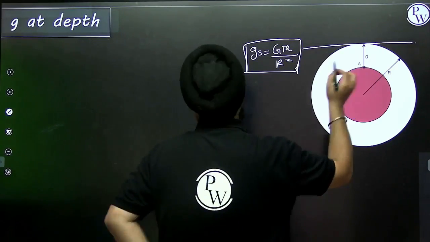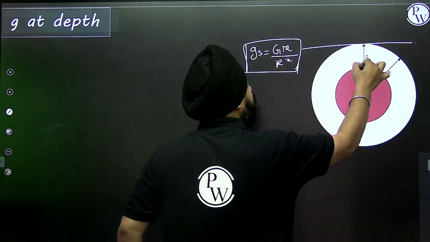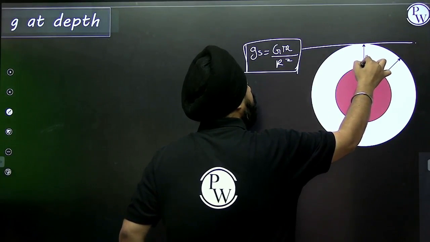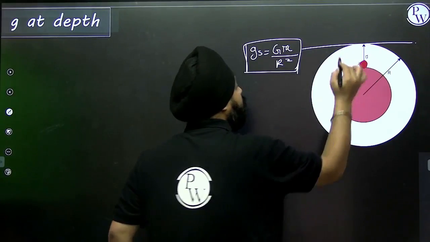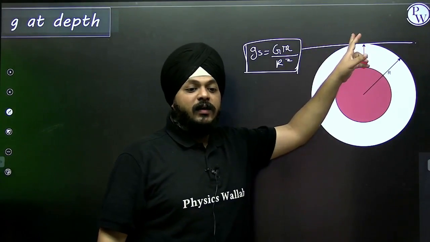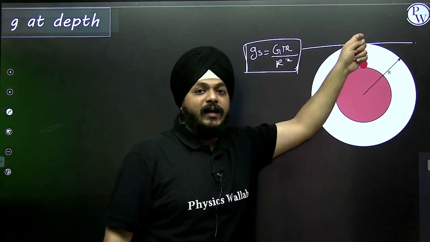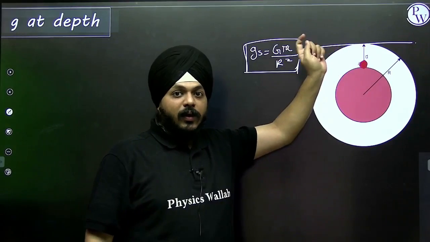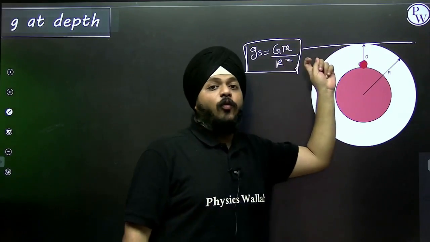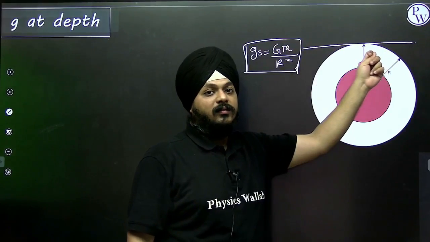suppose the particle is at this position. When it was at the surface, the gravitational force acting between the earth and the particle was because of the entire earth.